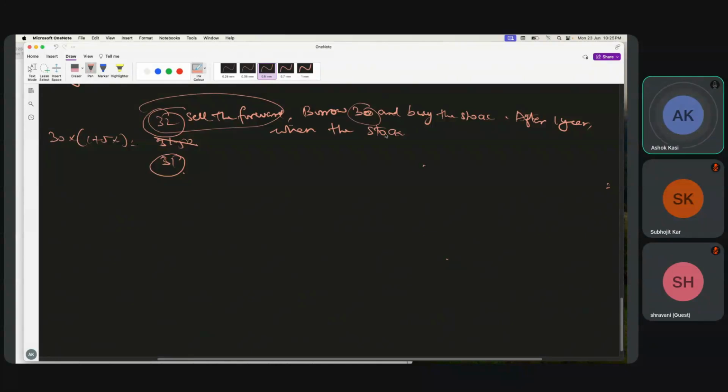After 1 year, pay 30 plus 5%, 31.5, or after 1 year, deliver the stock and get rupees 32.